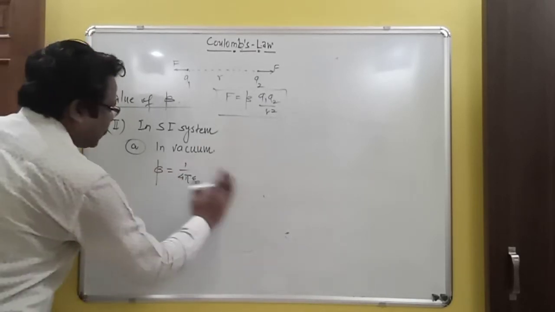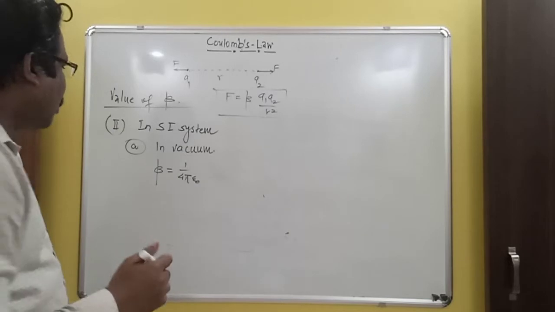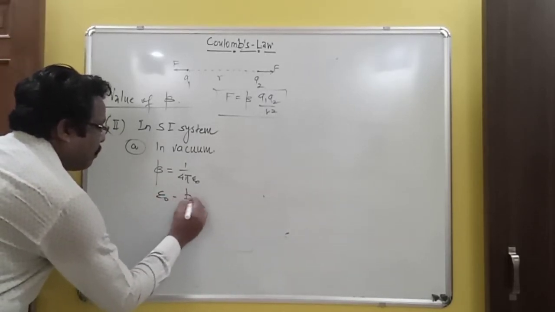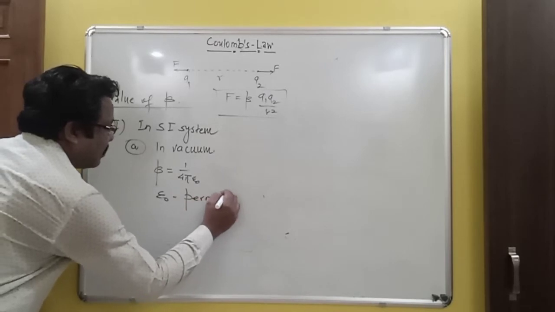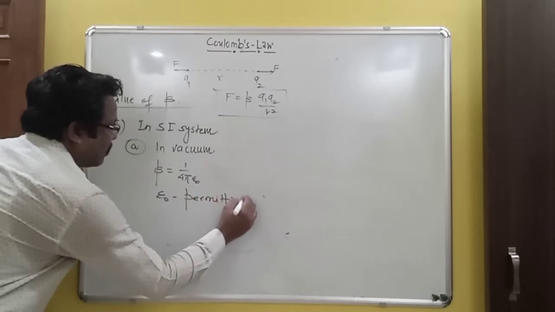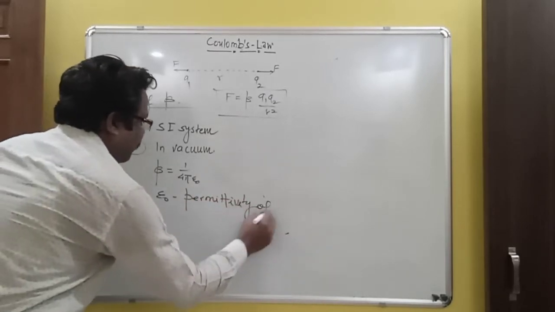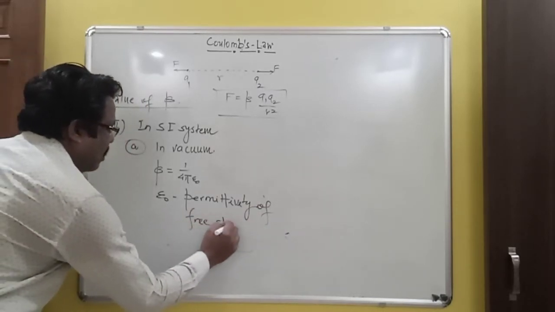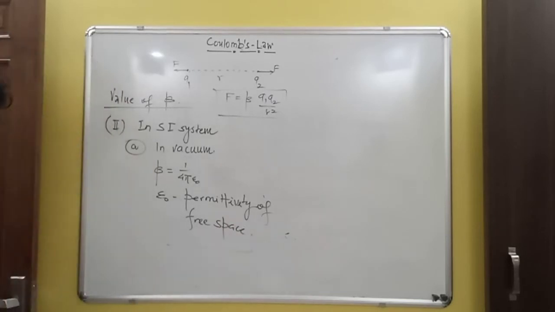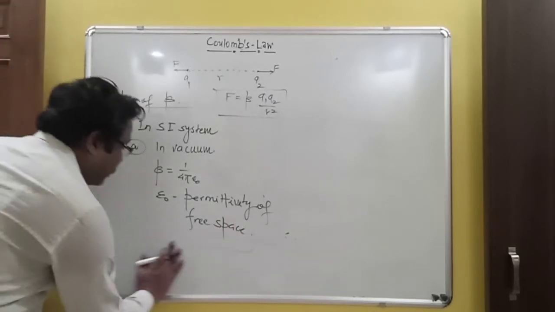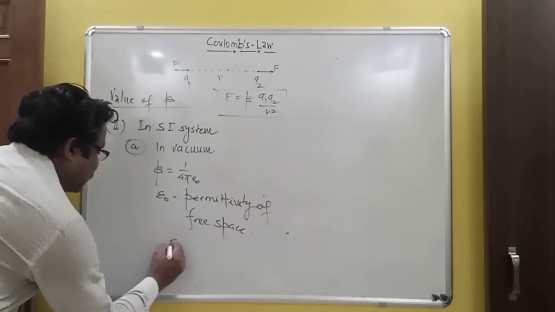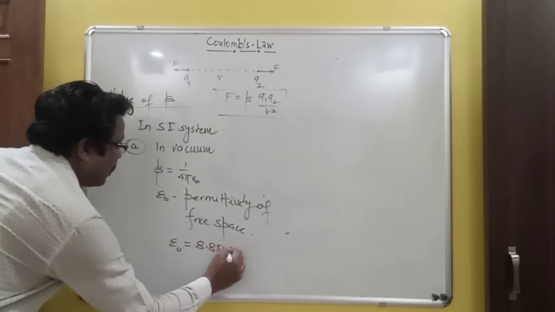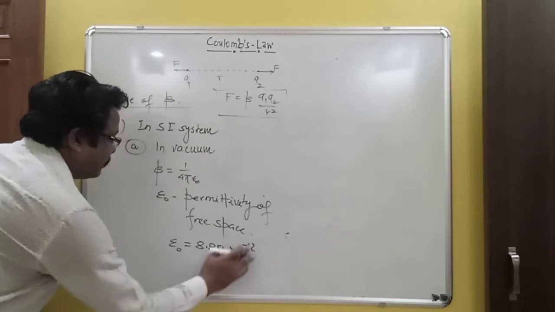Sorry, beta is 1 upon 4 pi epsilon naught, where this epsilon naught is called permittivity of vacuum or free space or air medium. And this epsilon naught is experimentally found to be 8.854 into 10⁻¹².